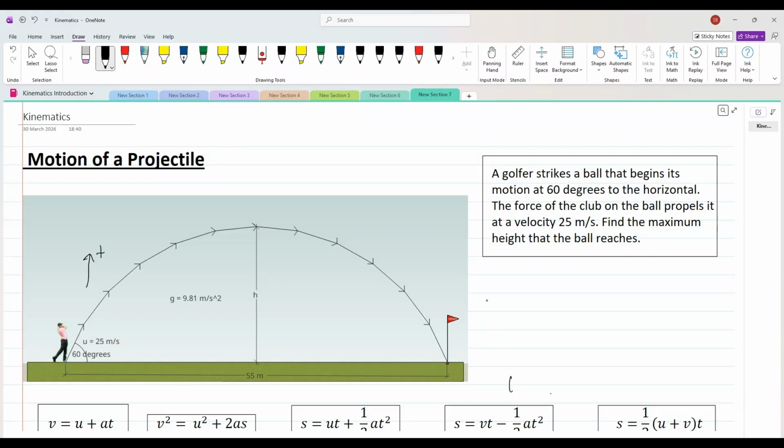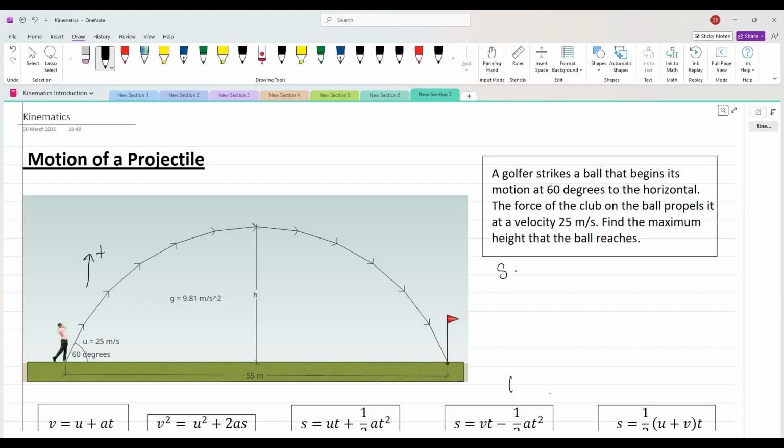So to our first problem. A golfer strikes a ball that begins its motion at 60 degrees to the horizontal. The force of the club on the ball propels it at a velocity of 25 meters per second. Find the maximum height that the ball reaches. So as before, let us write down our variables.